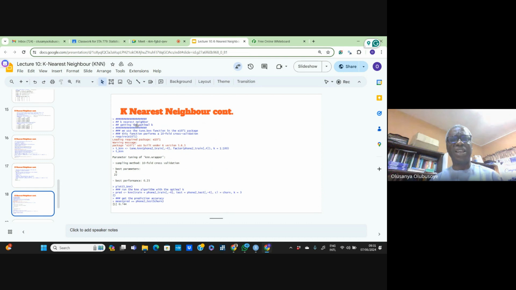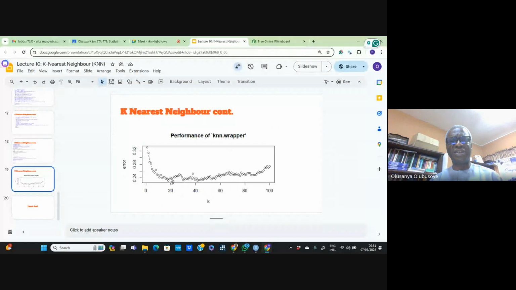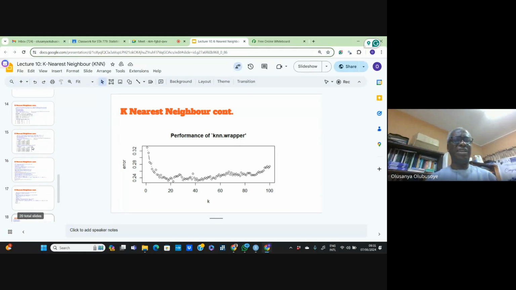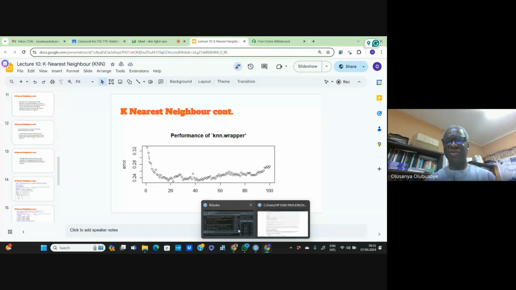This tells you here how you can get the optimal K. So you follow this to determine the optimal K. In our case, the optimal K is 22, and that's what you get here, after plotting the different K against the error. So I leave that to you to do.